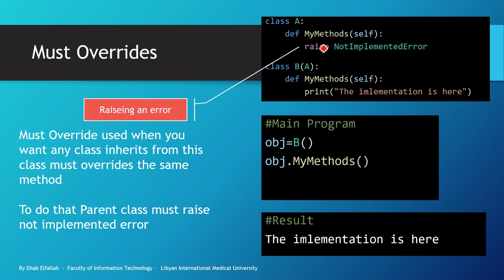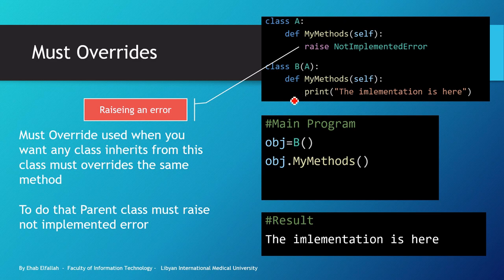In this case we have class A and class B, which inherits from class A. Inside class A we have a method that raises an error, NotImplementedError. So class B, directly after inheriting from class A, must implement a method called my_method, for example, and put the implementation inside.